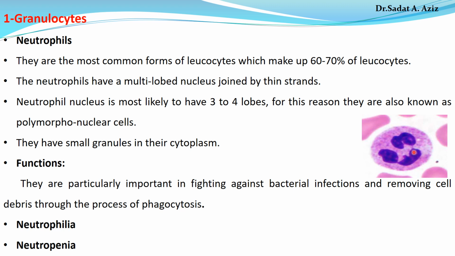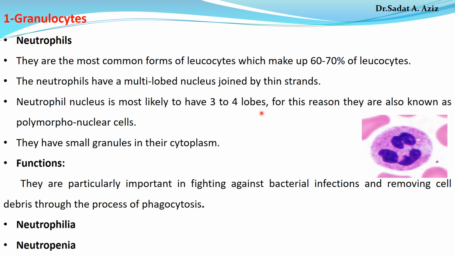The neutrophil normally is more likely to have 3 to 4 lobes. For this reason, it is known as polymorphonuclear cells. Polymorpho means it has different shapes, so it sometimes has 3, 4 lobes. So it is polymorphonuclear cells.